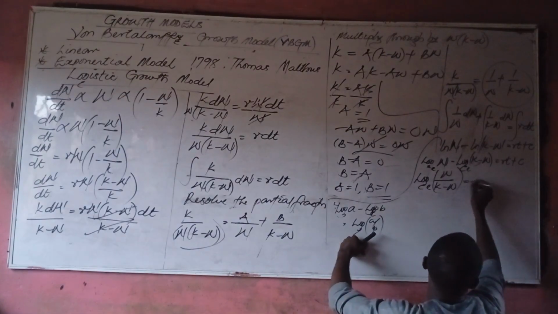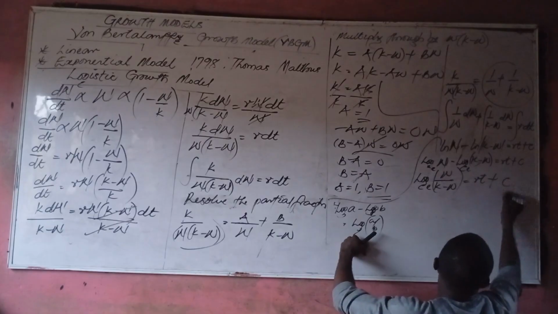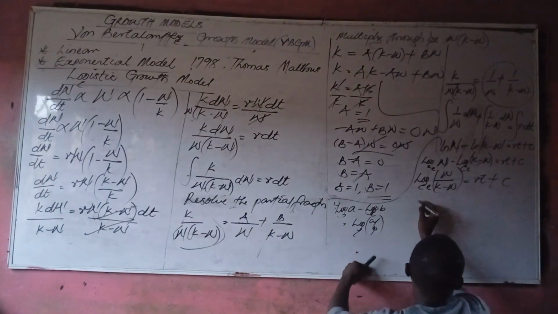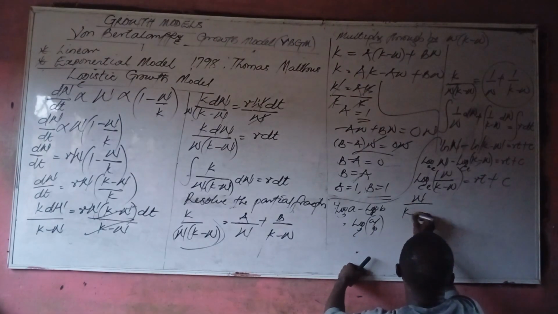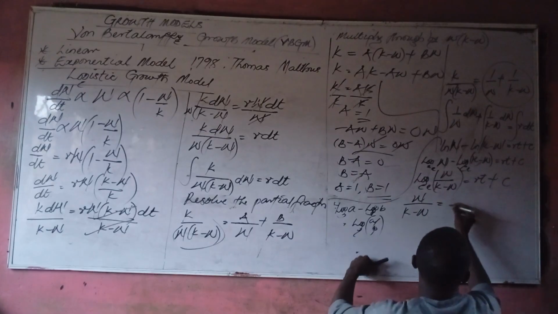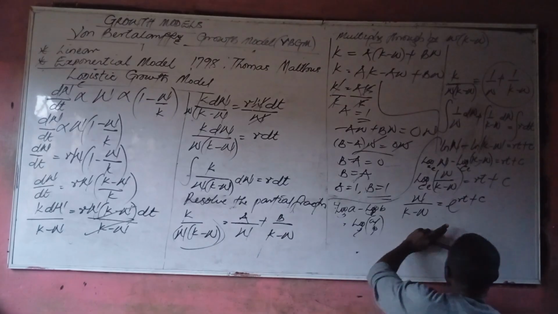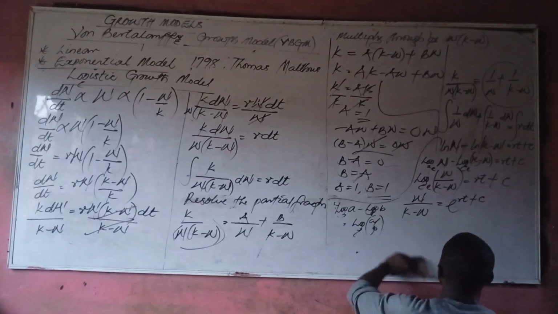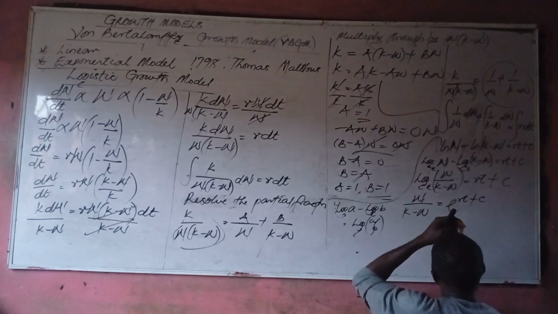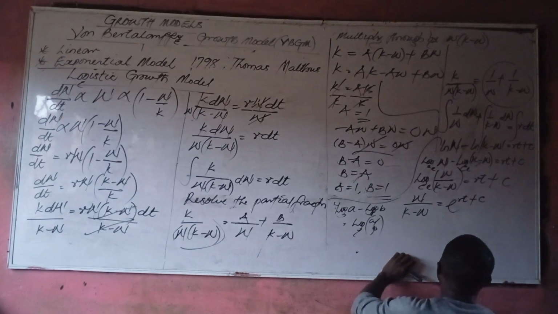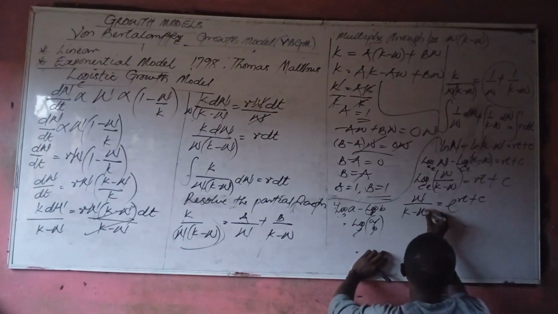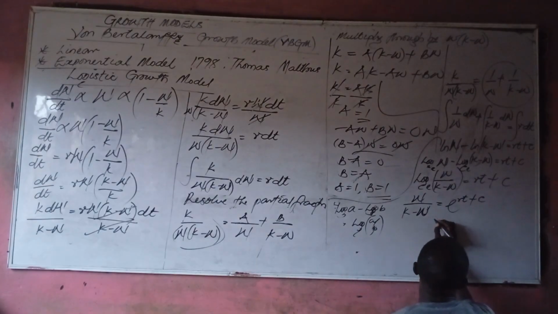So this is equal to RT plus C. From here, therefore, E goes there and we have W over K minus W is equal to E to the RT plus C. So from here, what do we do now?